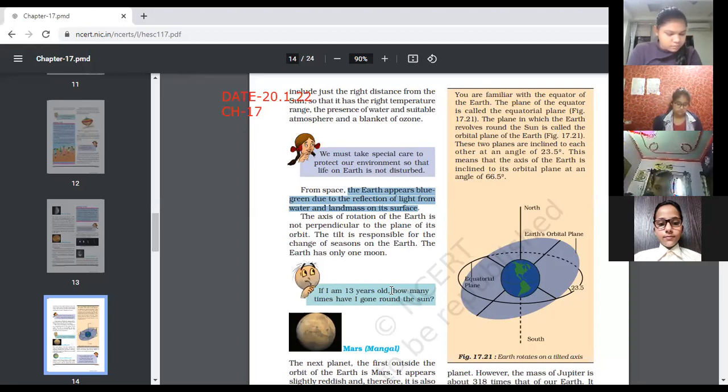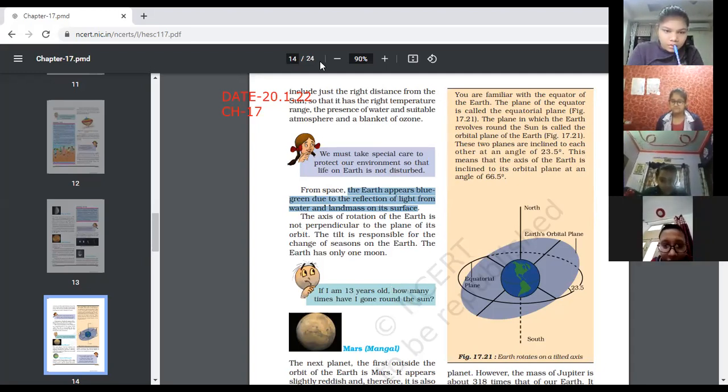So how many rounds have you taken around the sun? Can you tell me? 13, according to your age, because in 1 year one round. So whether 12, 13, 14, whatever your age is, you have taken that many rounds around the sun.